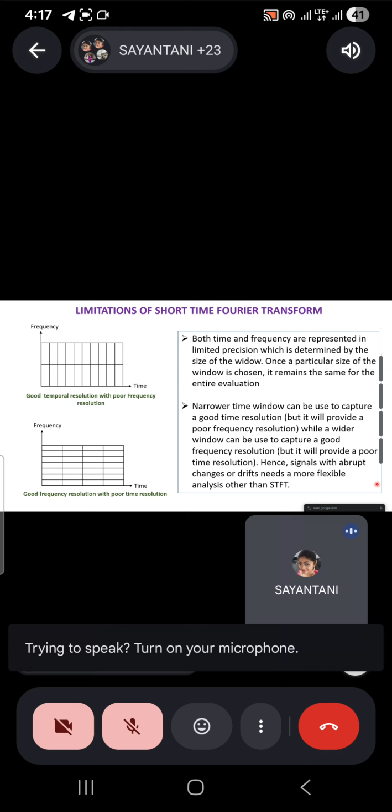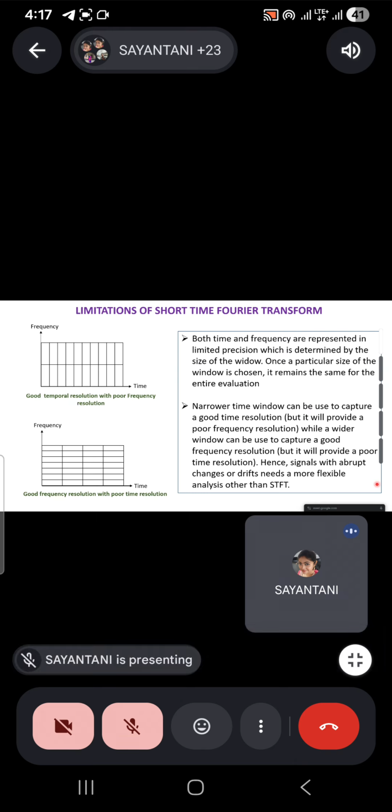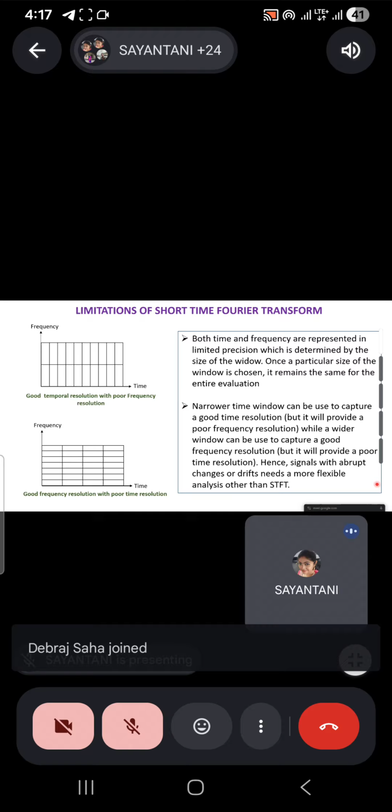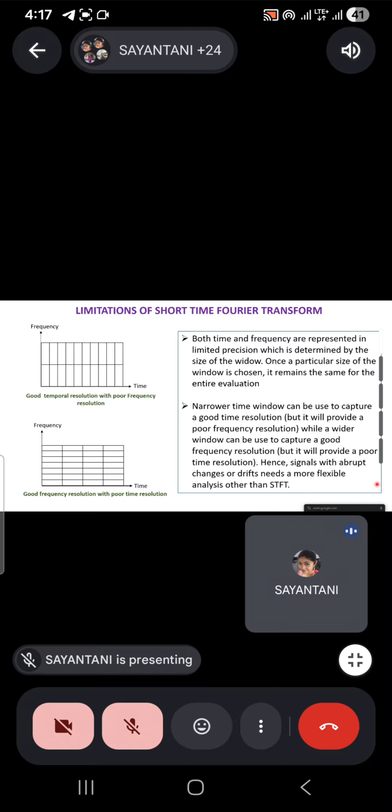However, short-time Fourier transform also suffers one main limitation. Now, what is that? The limitation is the concept of the time window. That means, first of all, how do I decide what is going to be the size or shape of the time window?